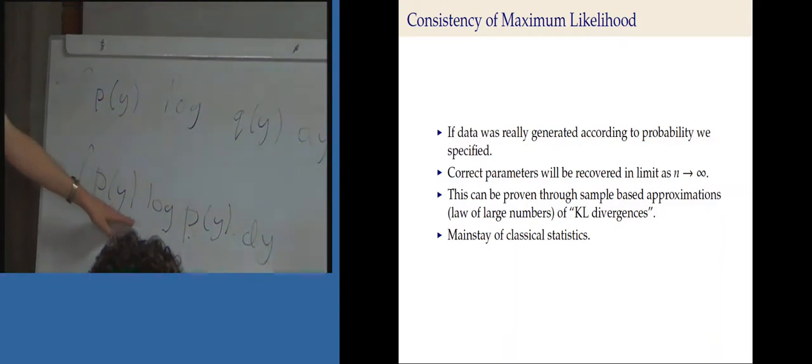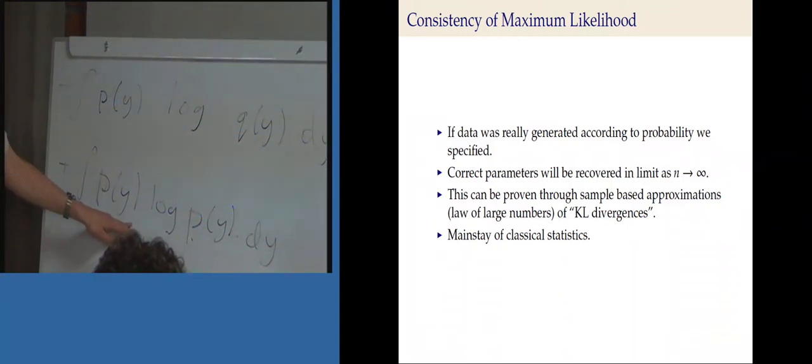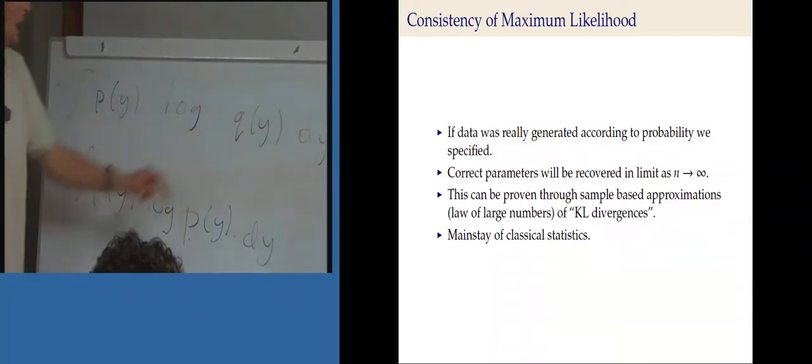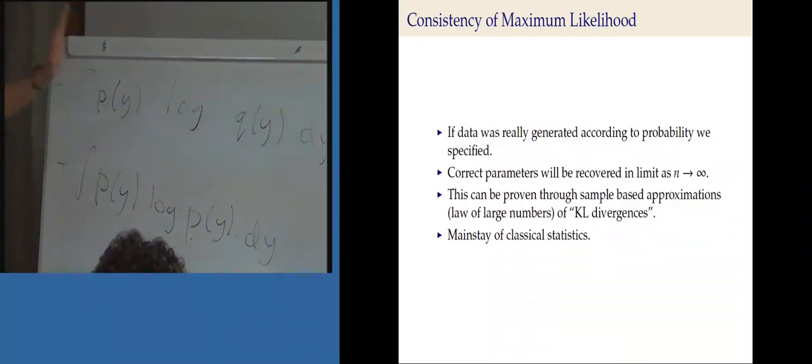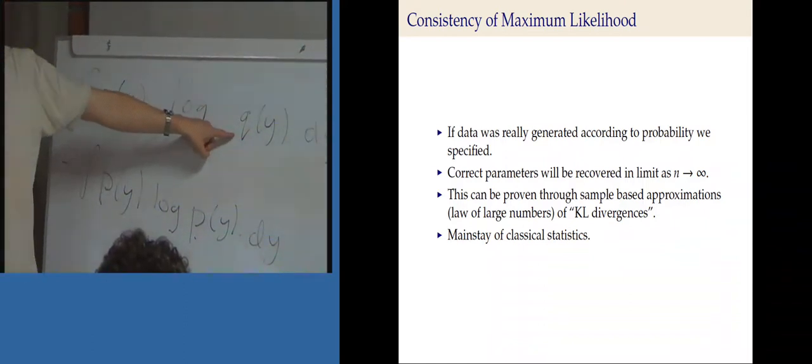If P of y is the real world that's given us the data, so the assumption here is someone's generating data in the real world according to P of y, and we're trying to approximate it with Q of y, the KL divergence has a minimum of 0, and it's 0 only if P of y is equal to Q of y.